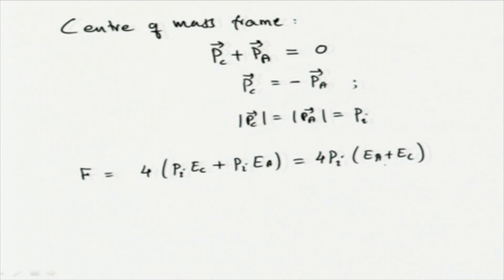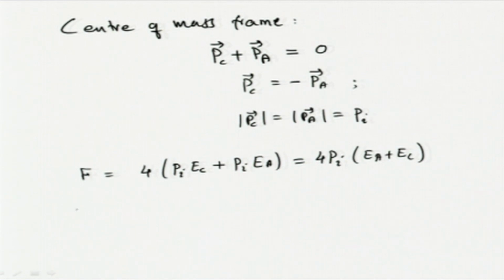So, flux in the colliding case is basically 4 times the magnitude of the initial momentum times the sum of the initial energies.